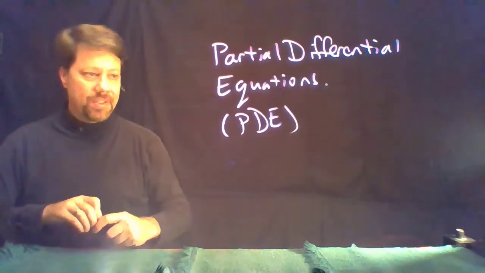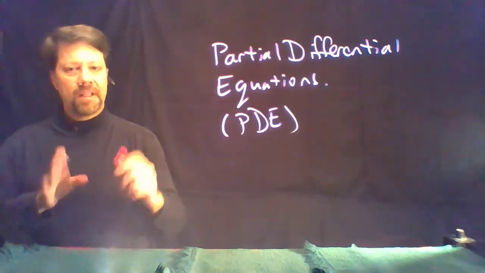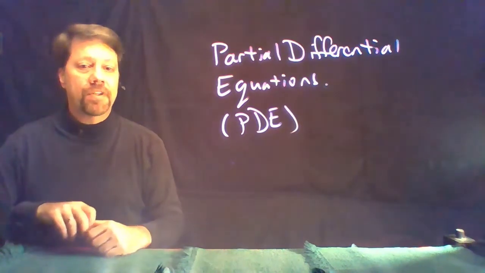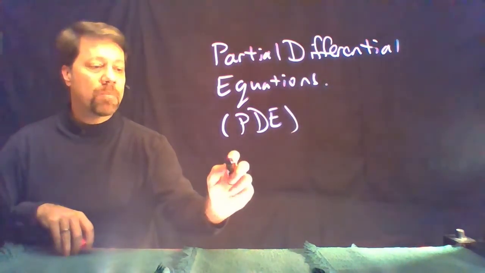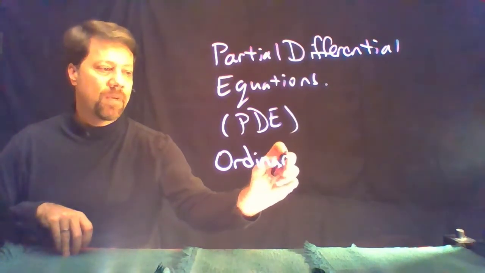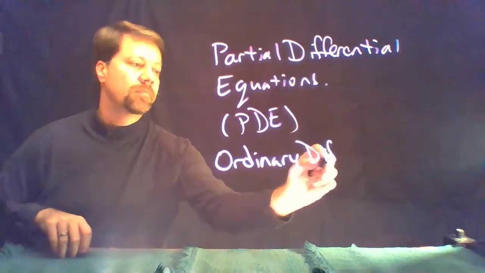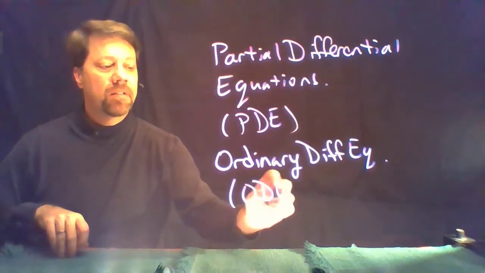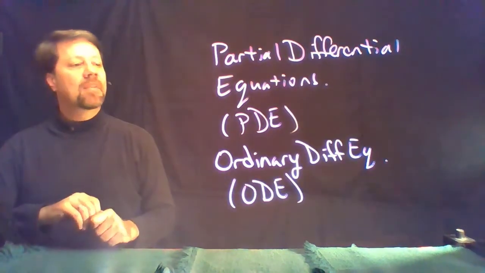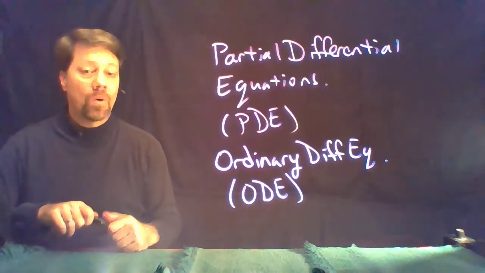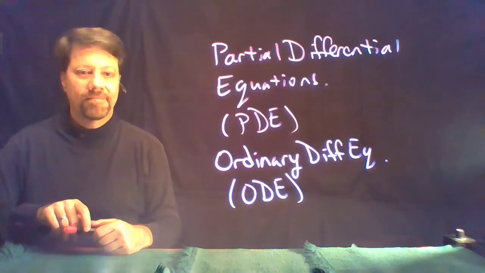And this course is not about PDEs, it's about equations that involve ordinary derivatives, derivatives of functions that have only one independent variable. Ordinary differential equations are denoted by ODE. This course is a study in ordinary differential equations, or ODEs.